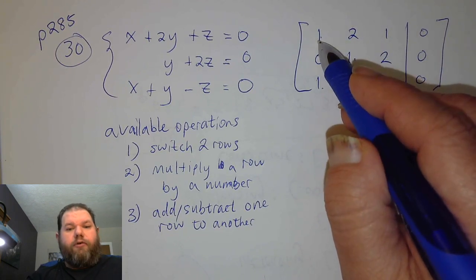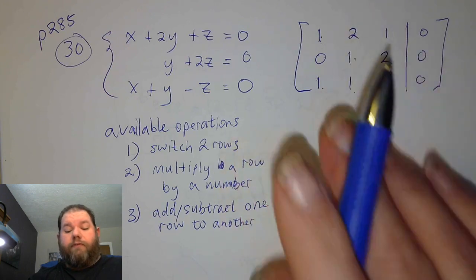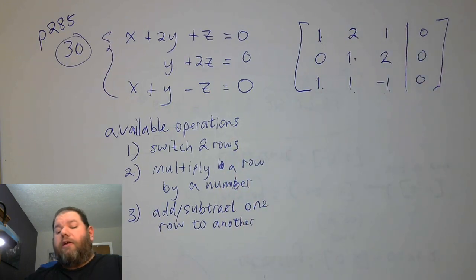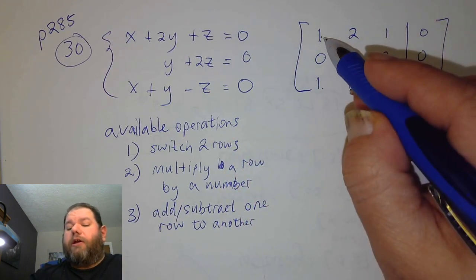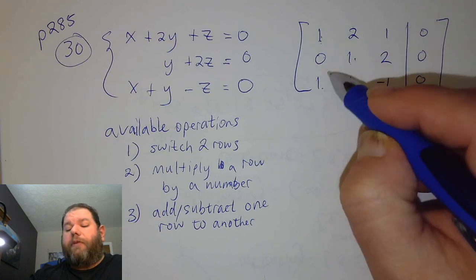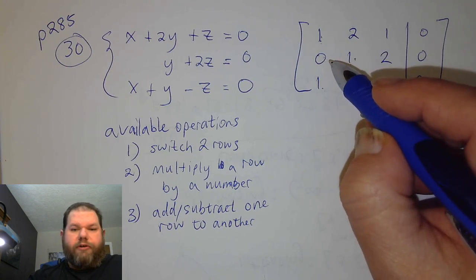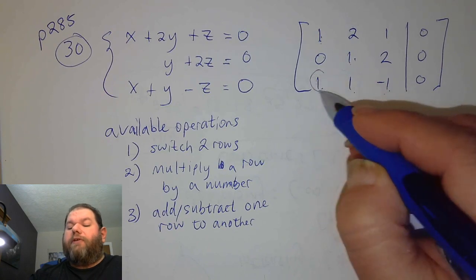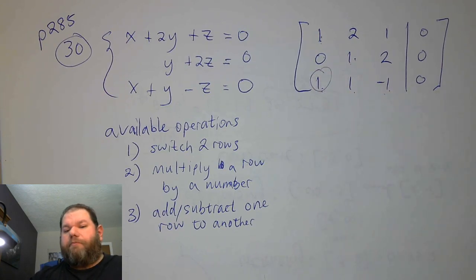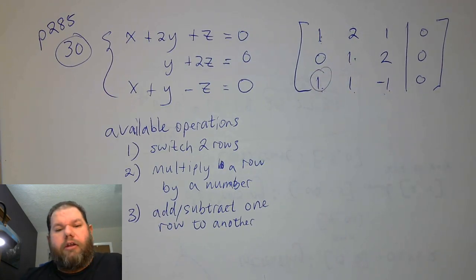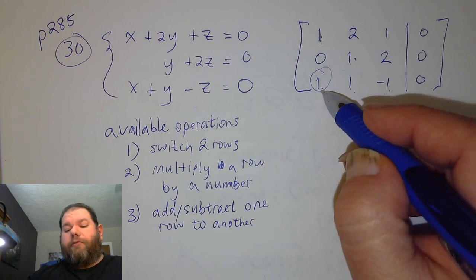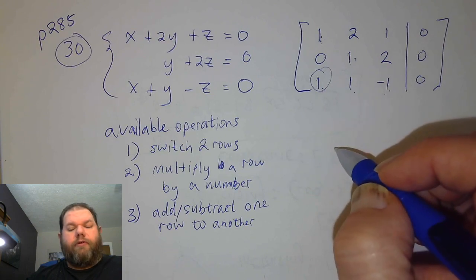So that's our first goal, and we're already successful at that. Once we have this 1, we want to make both of these 0. This one's already a 0, but we need to zero out this term here. The way we can do that is by taking row 3 and subtracting row 1.